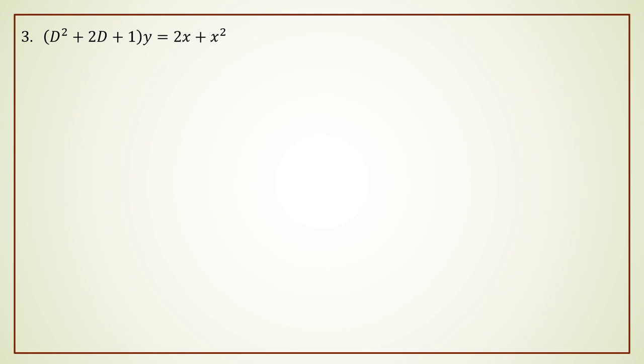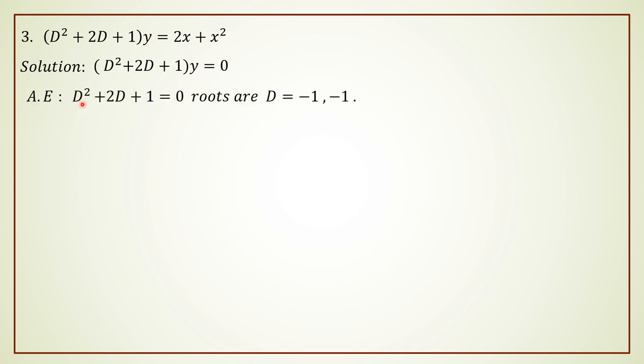that is to find the complete solution of d square plus 2d plus 1 of y is equal to 2x plus x squared. So first write the corresponding homogeneous differential equation and that of the auxiliary equation, and the auxiliary equation over here is d square plus 2d plus 1 is equal to 0.